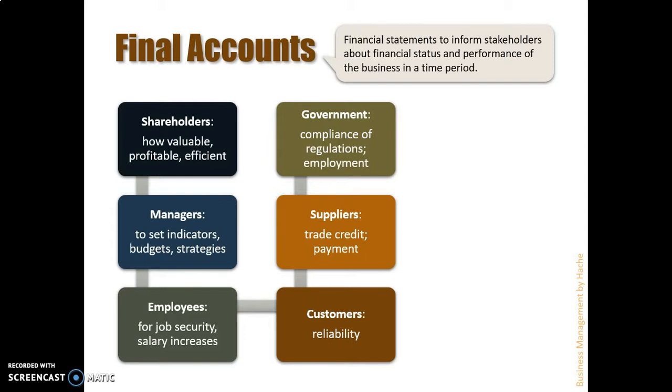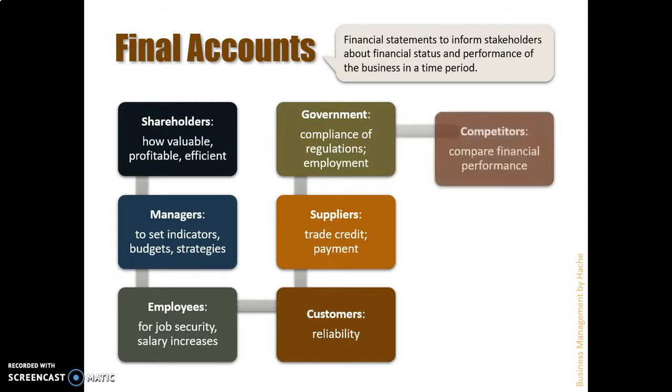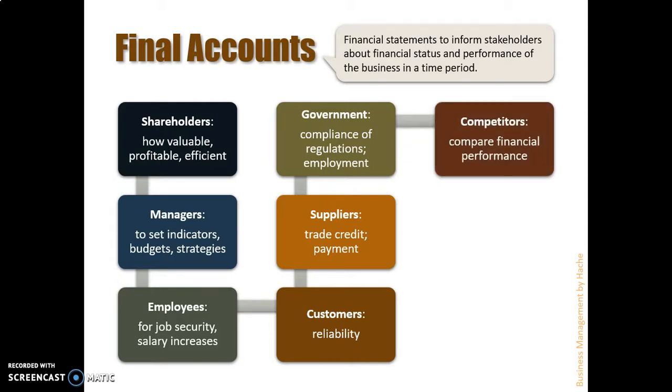And in terms of employment and unemployment rates, they would like to see that your business is being positive in terms of providing job security to people. Competitors will also like to compare your financial statements with their own. So they would like to tell the performance of each and see what they can do.